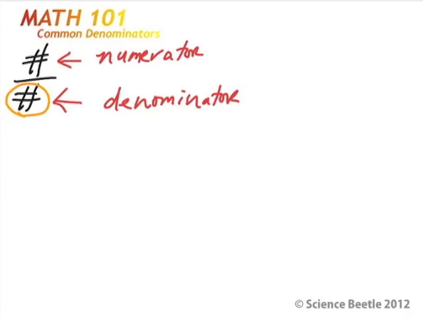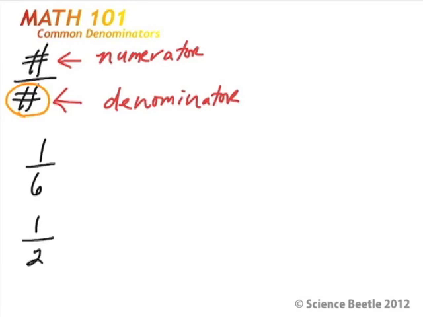So let's say we've got 1 divided by 6, and another one that is 1 divided by 2. Let's see if we can figure out the common denominator. Remember from one of the other lessons, the greatest common factor and the least common multiple.